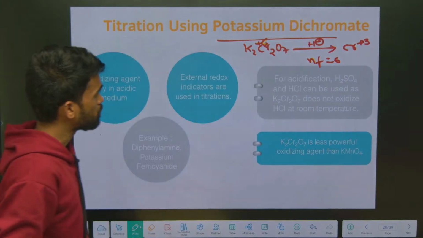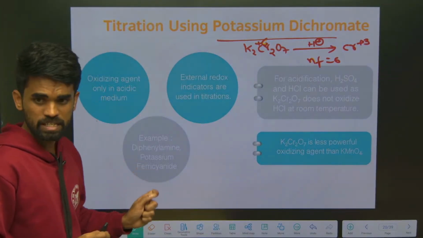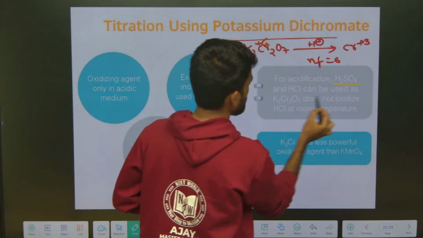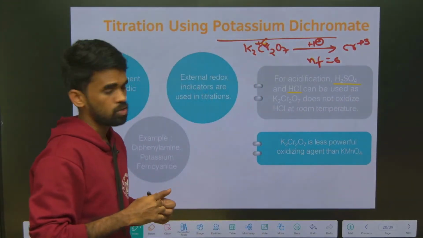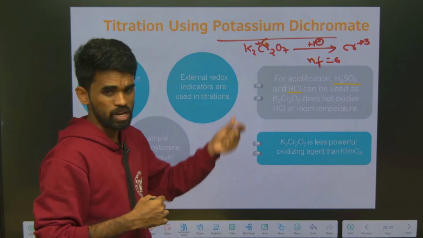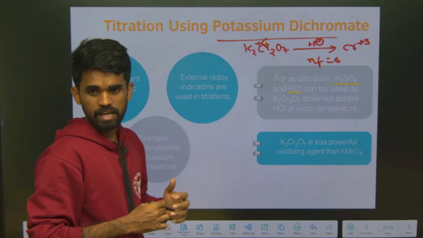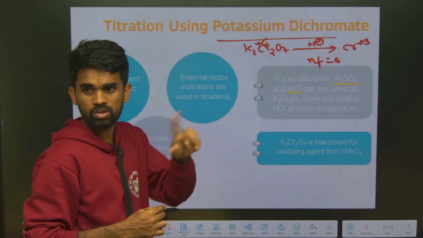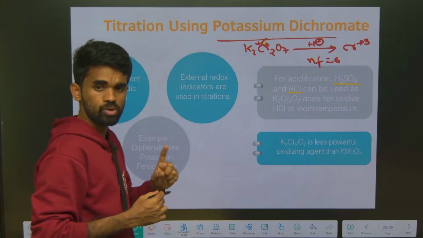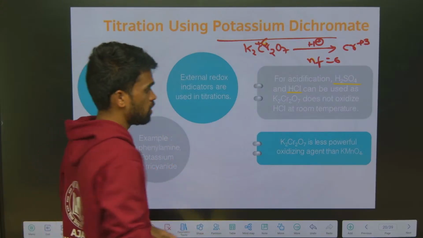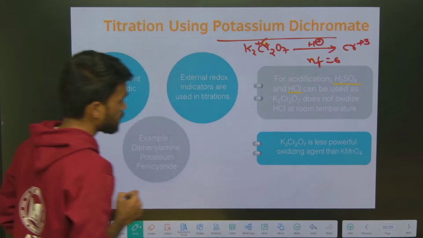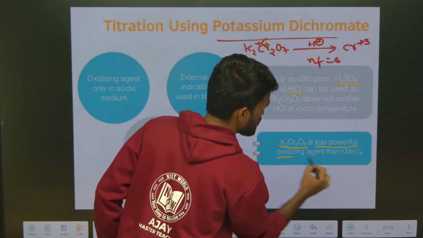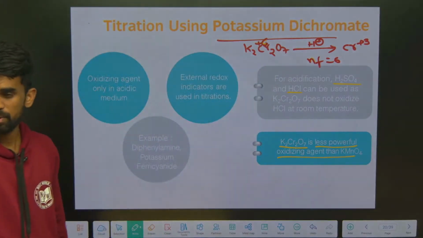Okay, so now when we are doing acidification, it means the reaction is taking place in acidic medium, and you can use sulfuric acid, and HCl can also be used. Because potassium dichromate cannot oxidize HCl, but KMnO4 can oxidize chloride ion to Cl2. There you should use only sulfuric acid. And here you can see potassium dichromate is a less powerful oxidizing agent than potassium permanganate.